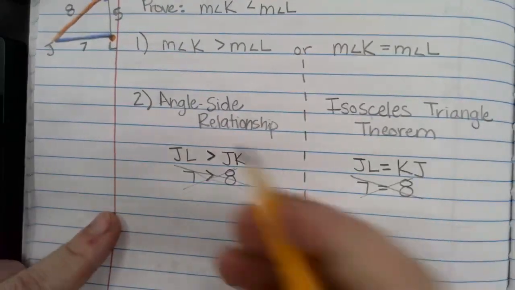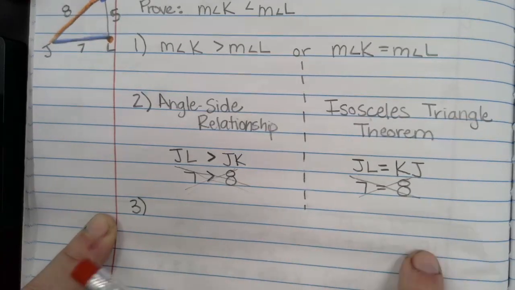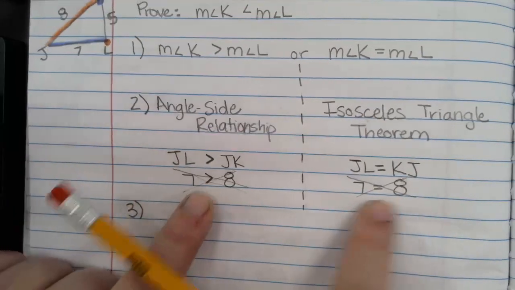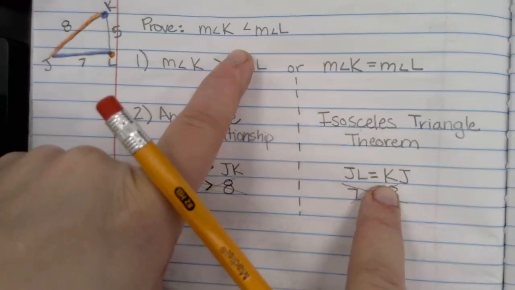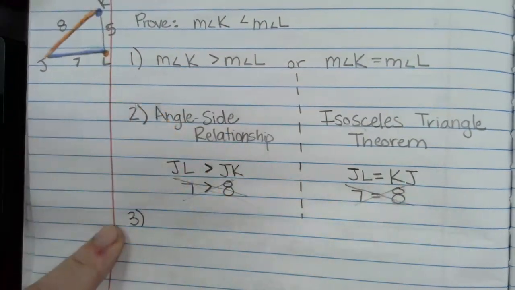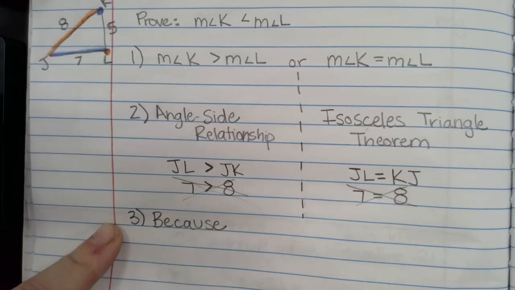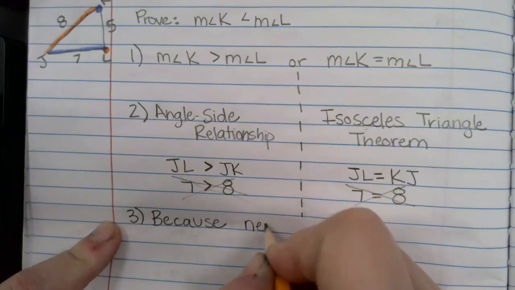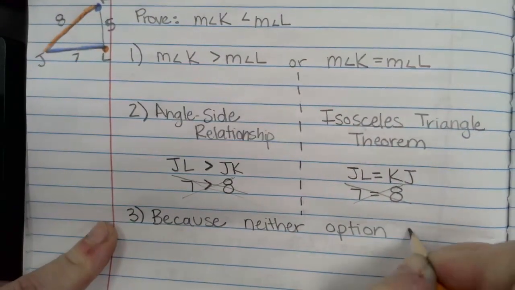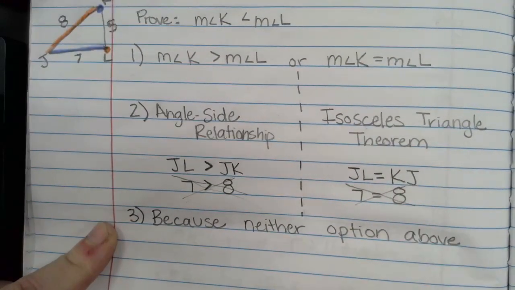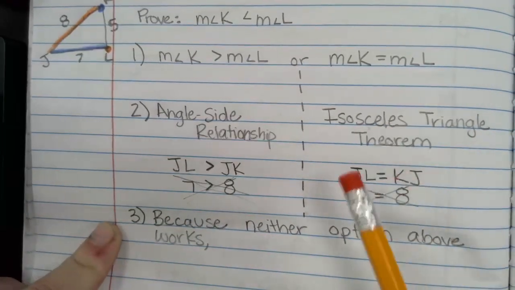All right, so step number 3, last step in this one. We have to come up with our conclusion. So we showed why it doesn't work. Now we just need to state, okay, this didn't work and this didn't work. So our only other option is that angle K has to be less than angle L. So because neither option above works, these two options didn't work.